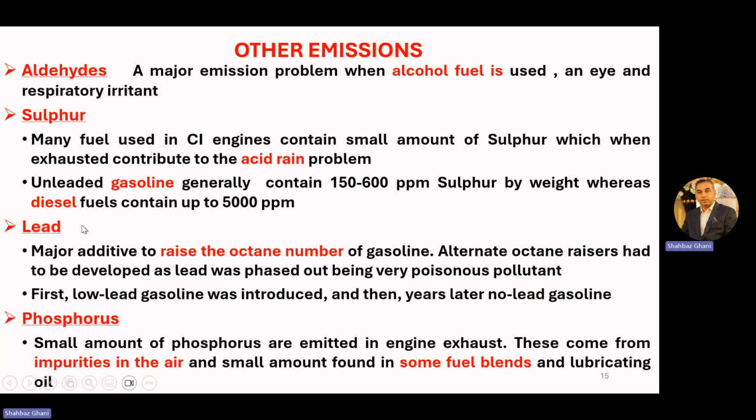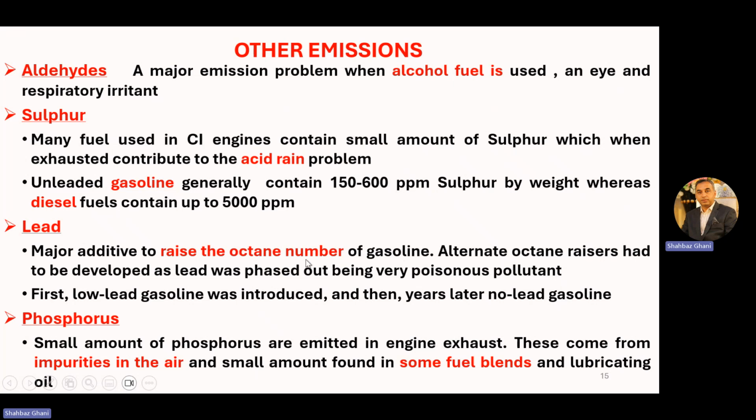Now, in emissions, we have a lead problem here. A major additive to raise the octane number of gasoline, as we know, is tetraethyl lead. Alternate octane raisers have to be developed as lead was phased out, being a very poisonous pollutant.